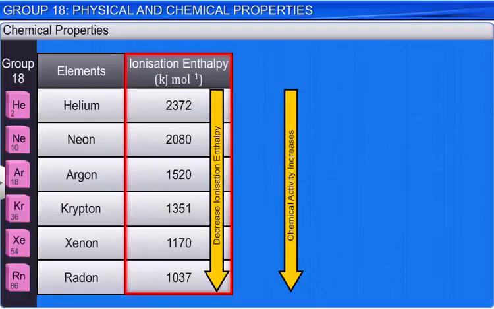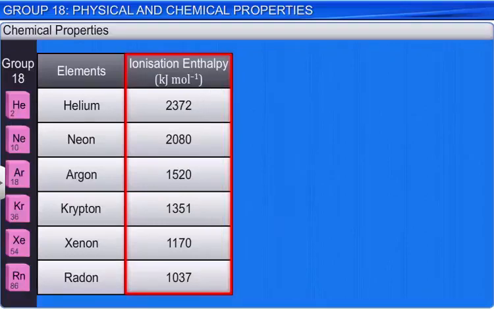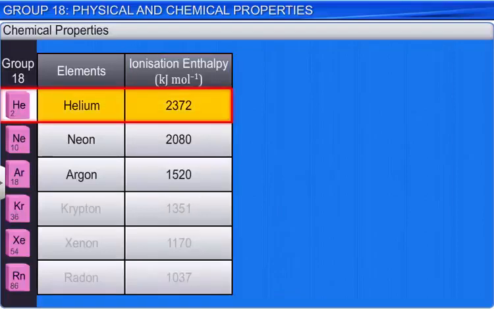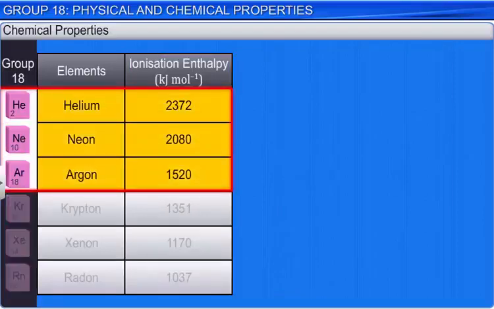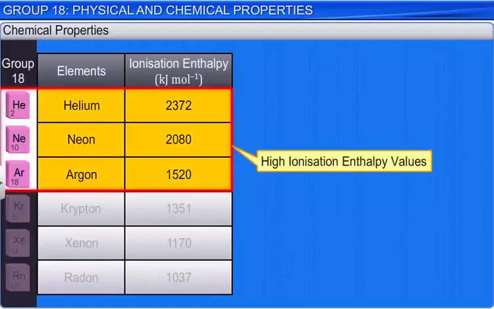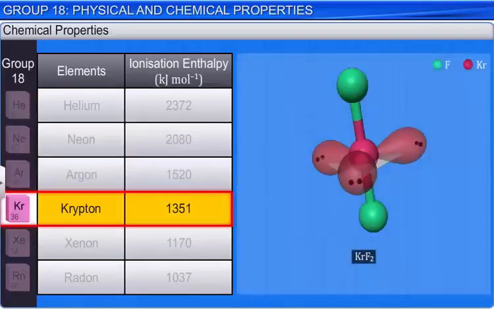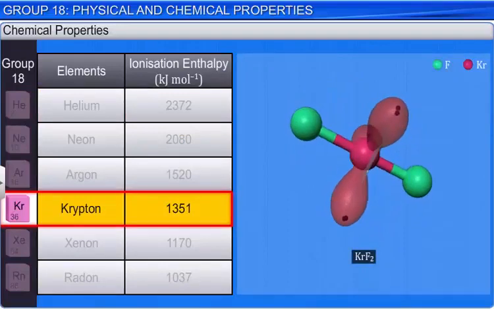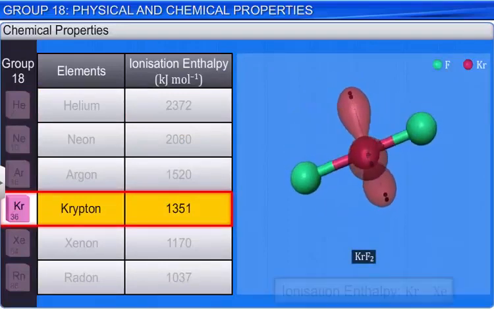The ionization enthalpies of helium, neon, and argon are too high for them to form compounds. On the other hand, krypton forms only krypton difluoride, since its ionization enthalpy is slightly higher than that of xenon.